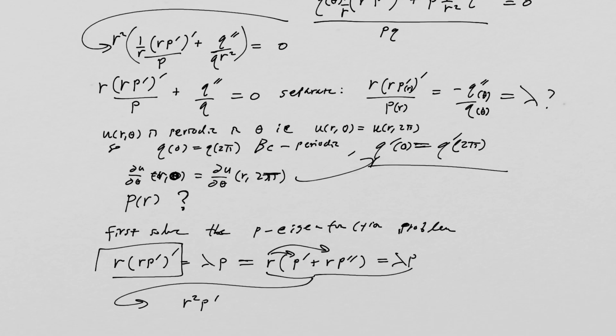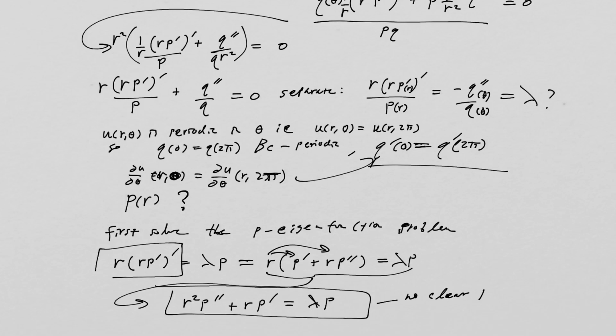We have r squared P double prime plus r P prime equals lambda P. All right, so we don't have any clear boundary conditions, but let's see if we can proceed.